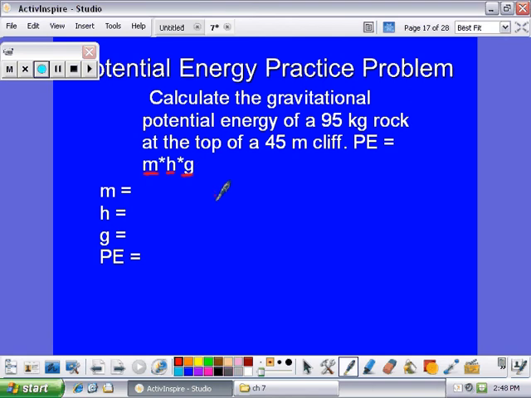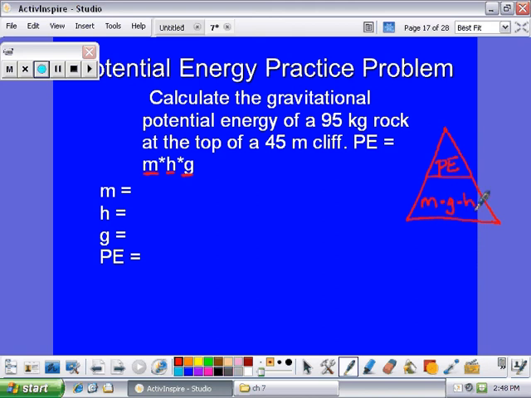You will be given a formula sheet that has triangles. When you look at a formula triangle, it is broken into parts to help you solve the problem. So you have potential energy, and the equation is mass times gravity times height.